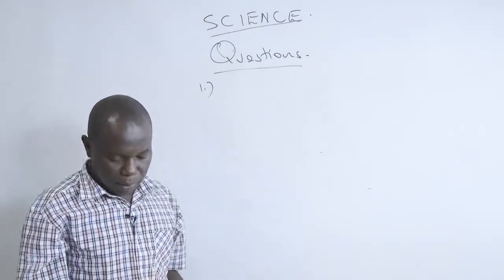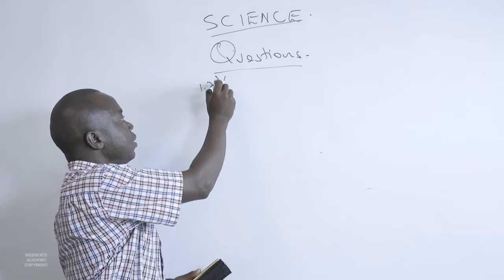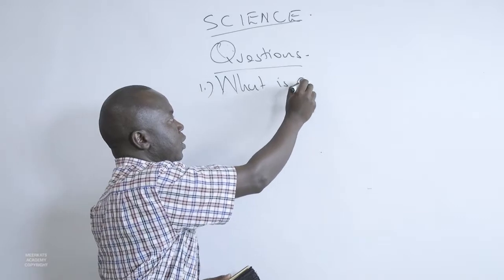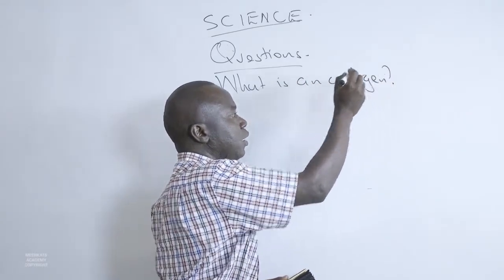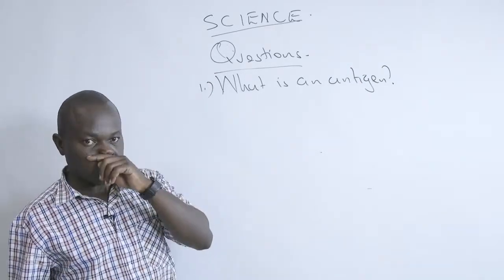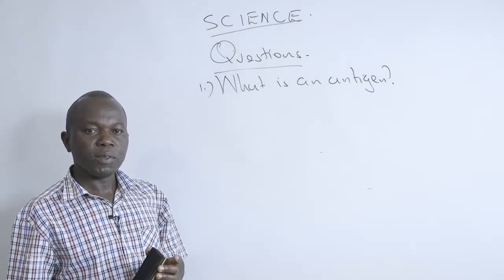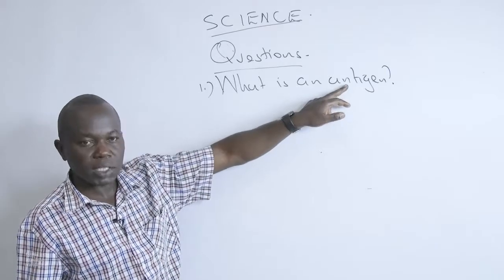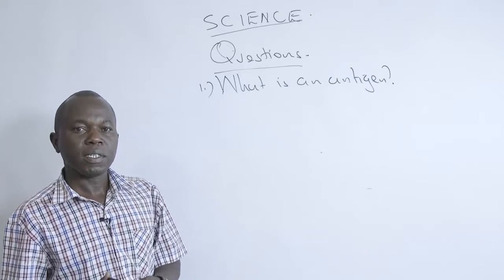So question number one: What is an antigen? Now, all the activities of the immune system, what we call the immune response, originate from the introduction of an antigen into the body.